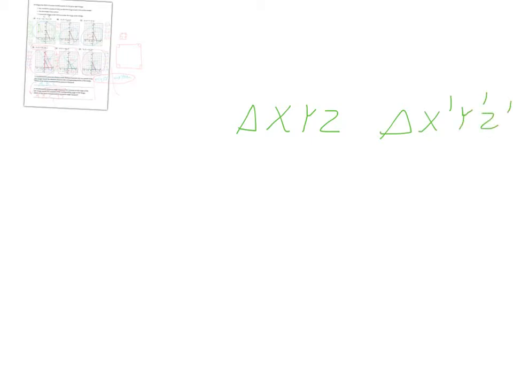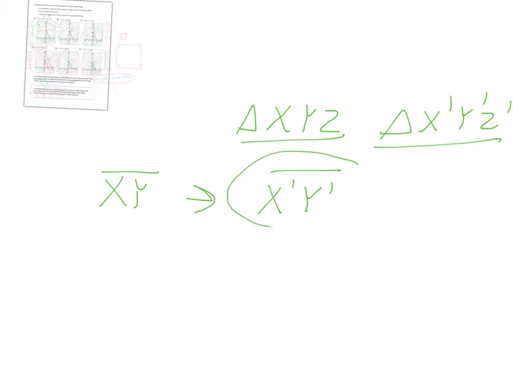Remember that apostrophe shows that that's the image. This is the pre-image. This is the transformed image. So number 11 says, what's the image of XY? Again, XY is the pre-image. So with this transformation, we still would have XY, but we would identify it by putting that apostrophe. So that would be your answer to number 11.